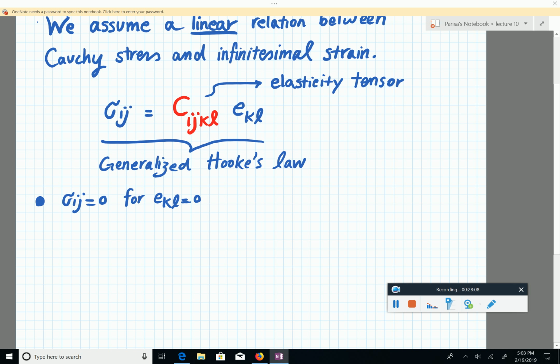Gerald, you are not sure about that? It's just if it is 0, the other will be 0. So if one side is 0, the other side is 0. Right, so residual stress, the material is completely elastic then?